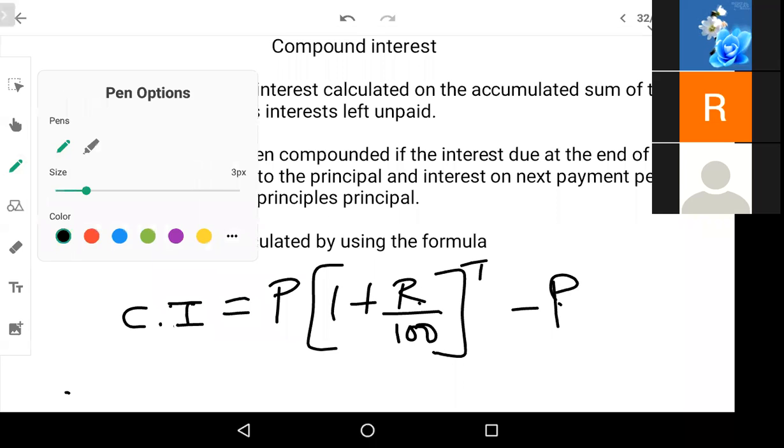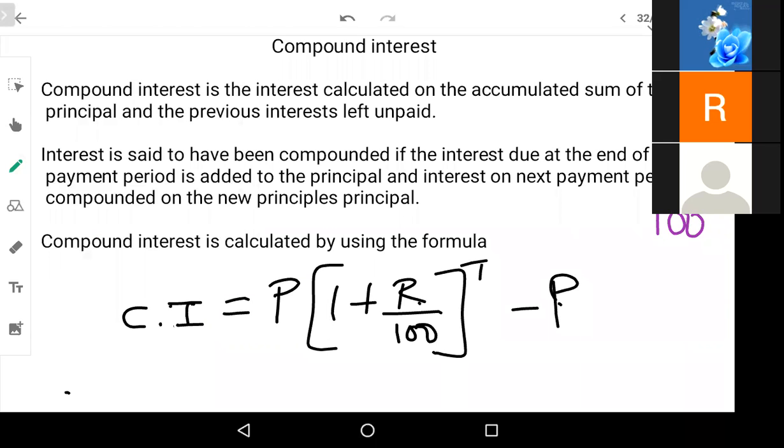Accumulated sum means, suppose for the first year, if the principal is 100 and we are calculating 10% interest, then for the first year it will be 10 rupees. Now the balance, this is the principal. The amount after the first year is 110. Correct?